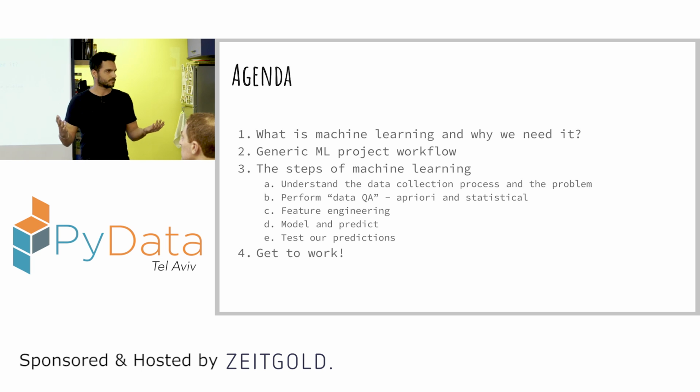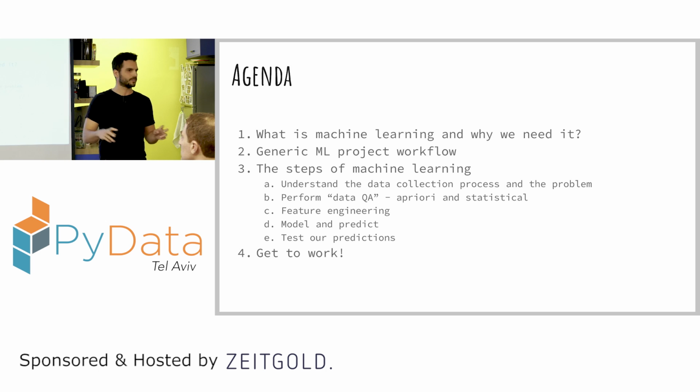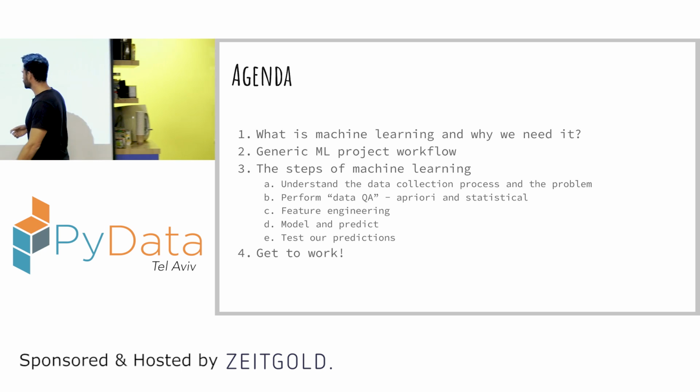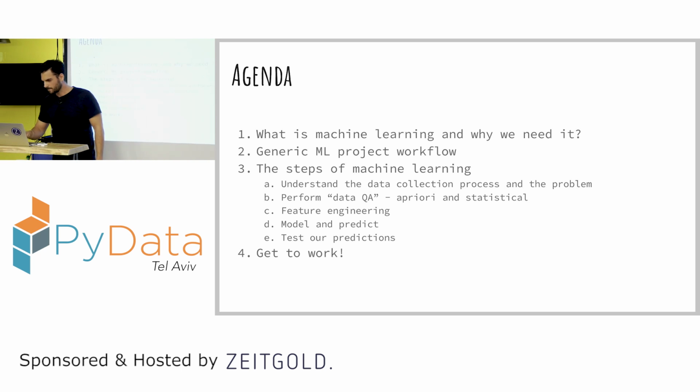Then the generic machine learning workflow: how do you go about doing this machine learning thing? The steps of machine learning, a breakdown of the workflow. We're going to get into each and every one of these. Ishay is going to take over on the feature engineering part, and then we're going to get to work. This is the reason you guys came here.